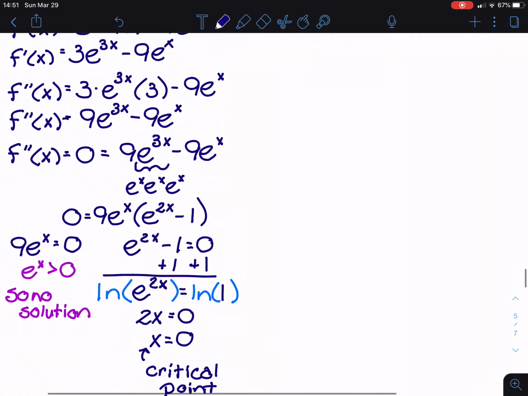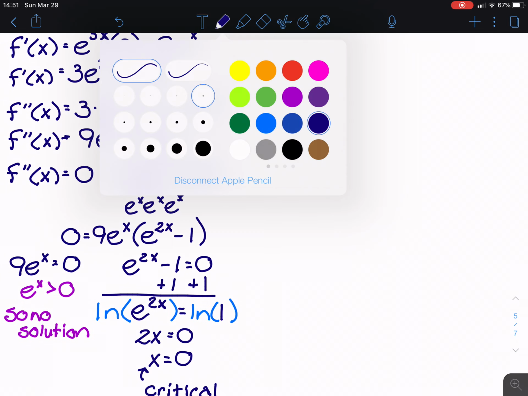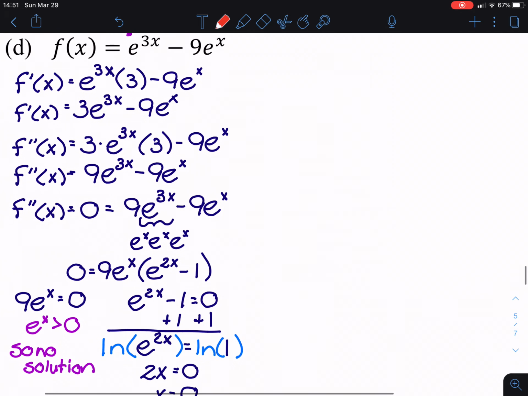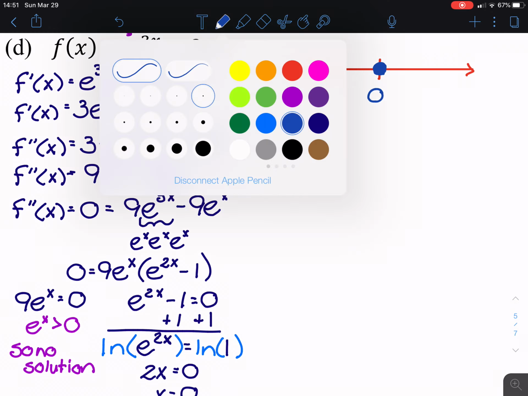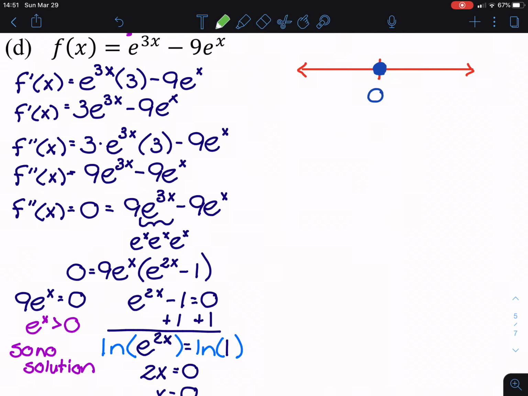All right, so now that I have my critical point, I can do up my sign chart here. I have 1 point that I need to worry about right in the middle. It's a critical point and it's at 0. So I'm going to pick a point to the left, we'll pick -1, and a point to the right, that'll be +1. I'm going to put those values into my second derivative.